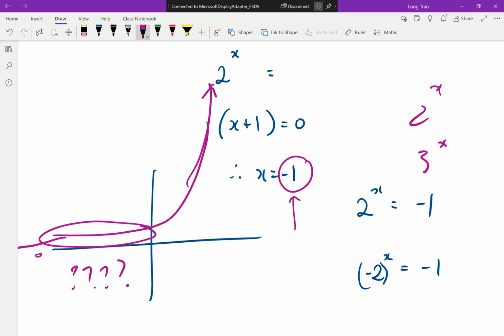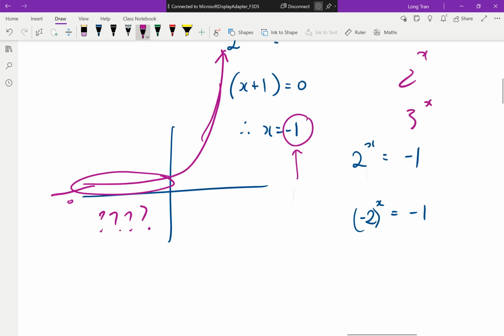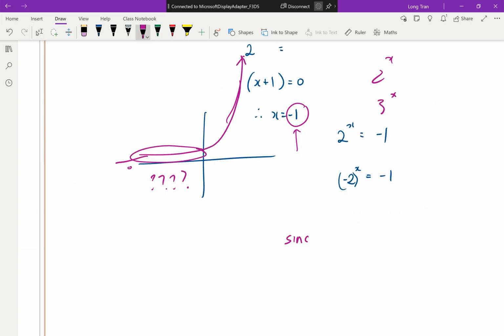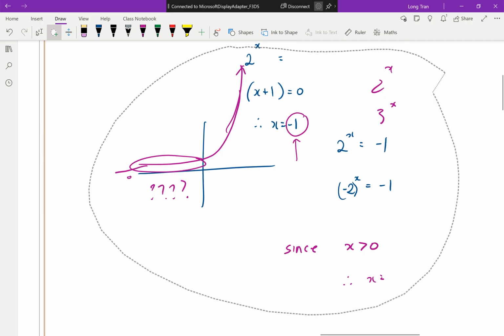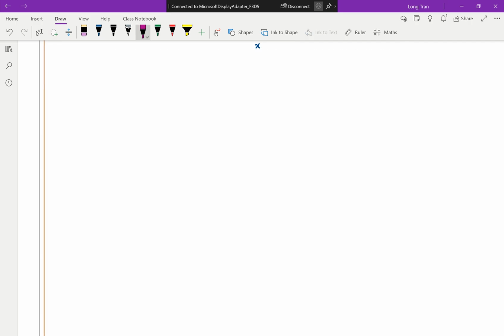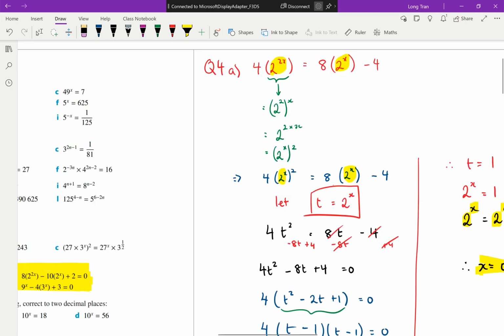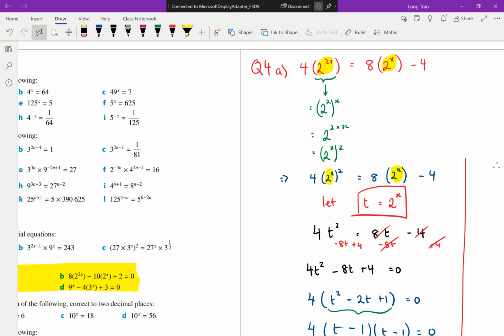You're meant to reject it, and you're meant to say something like, since x is greater than 0, so that's as an example, therefore, and then you write your answer. Okay, so that's the step they're looking for, and the explanation for it this year and the next years, they might be looking for open-ended responses. But yes, to answer your question, you can't have a negative value, and that's the key thing to look for.